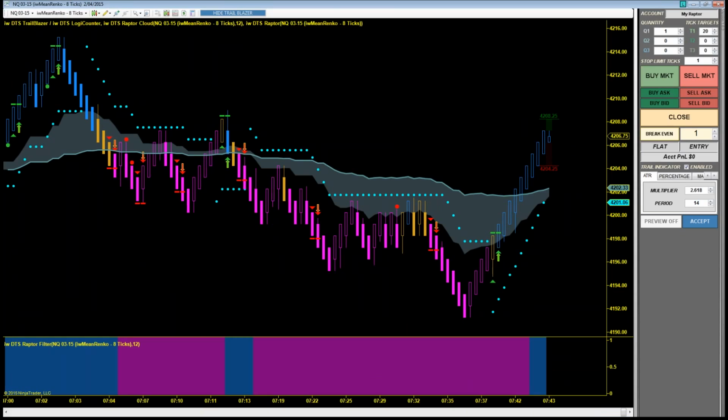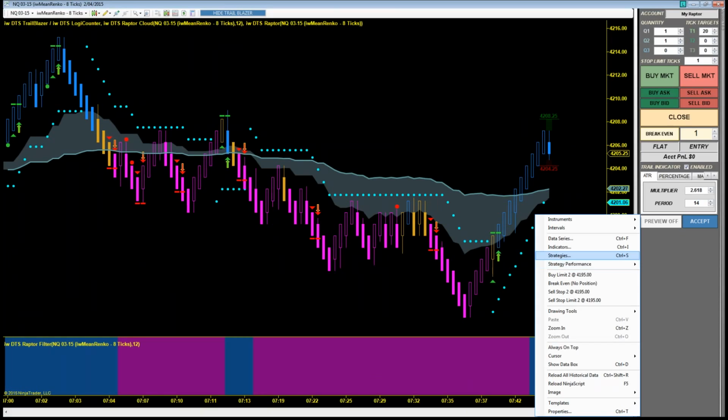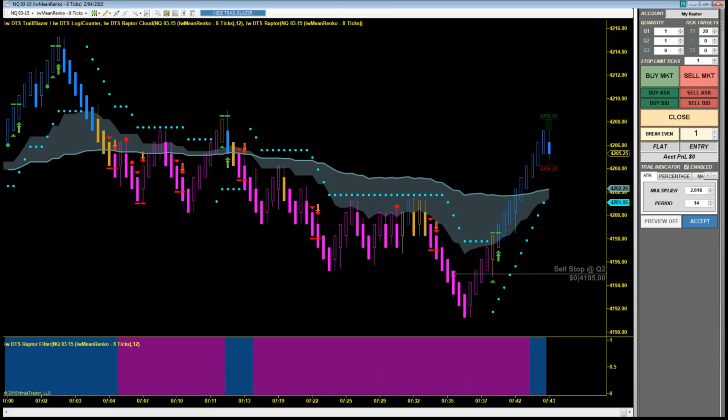The Raptor has a slightly different variation of the Trade Manager. This one is called the Trailblazer. You can see it's almost the same thing but different. It doesn't have the trade management component down here. But it is a little bit more simplified in that you can enter your orders directly on the chart.